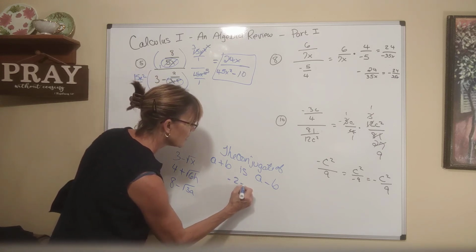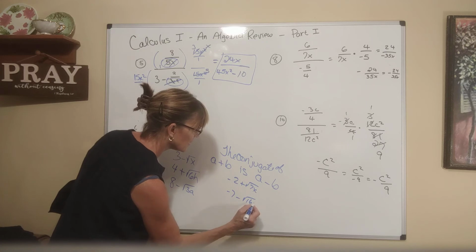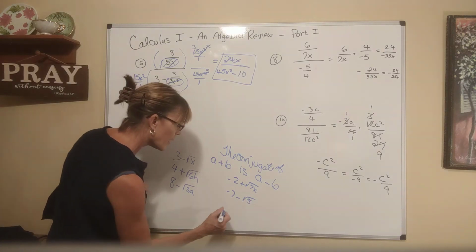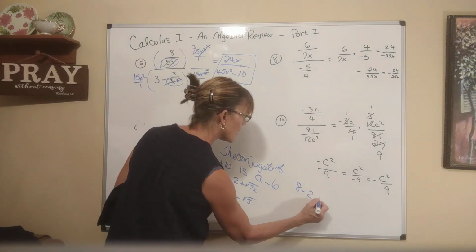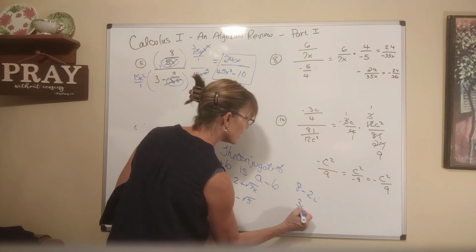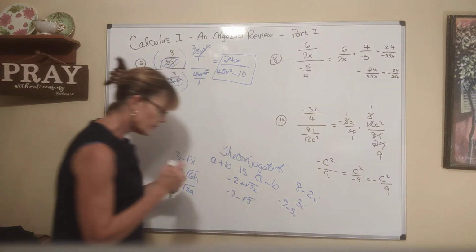What if we have negative 2 plus the square root of 7x, or negative 7 minus the square root of 5, good one, 5. Or what if we had imaginary numbers? 8 minus 2i, 3i, negative 7 minus 5i. Okay, those are the numbers.